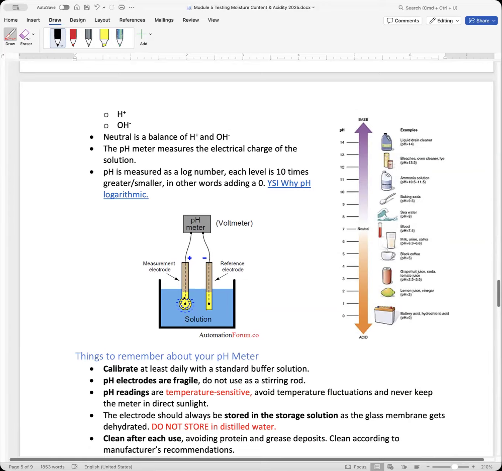If there are more positive charges, it's going to be acid. If there are more negative charges, it's going to be a base. So that's what a pH meter measures. It only measures the electrical charge.